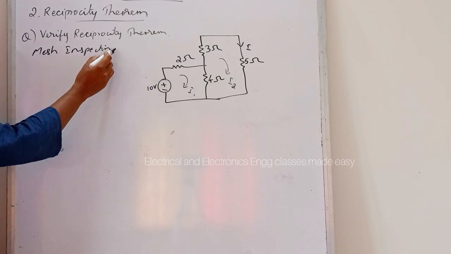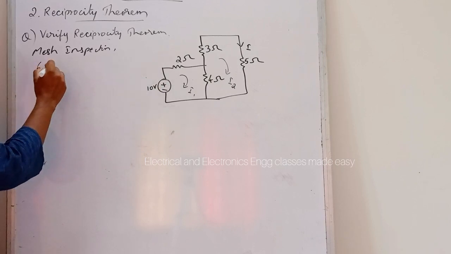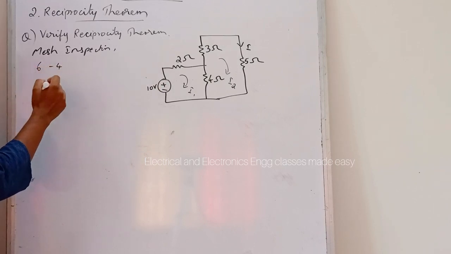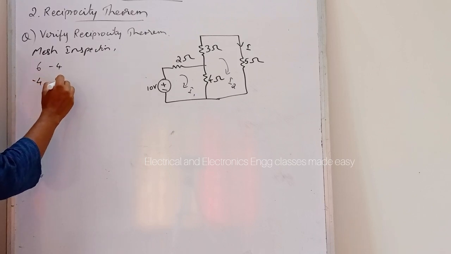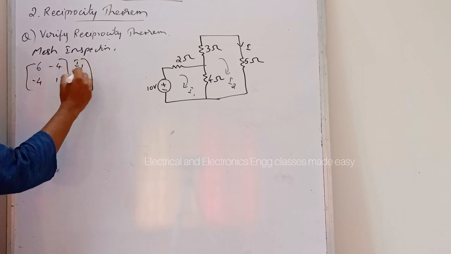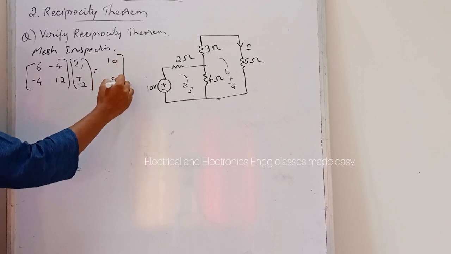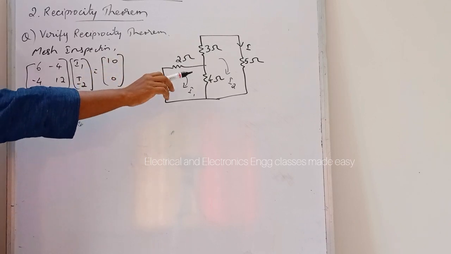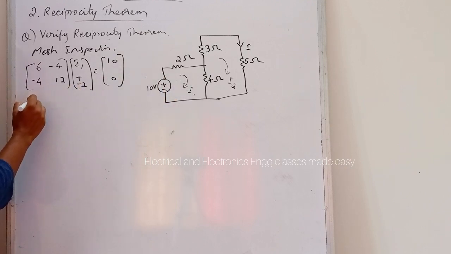So by mesh analysis we can write self resistance is 6, then minus 4, here also minus 4, then 12, into I1, I2 equal to 10, 0. Now here we have to find the value of I2 only, that is we have to find delta and delta 2.